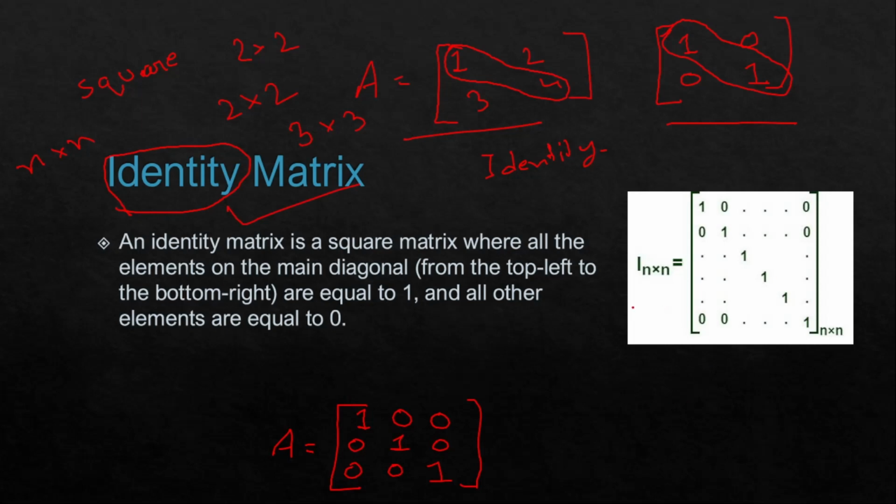Here's a really good example that it's an n by n matrix, a square matrix. This is the main diagonal. Here you can see that all the numbers aside from the main diagonal are 0, and the main diagonal consists of only the number 1. This will be called an identity matrix.